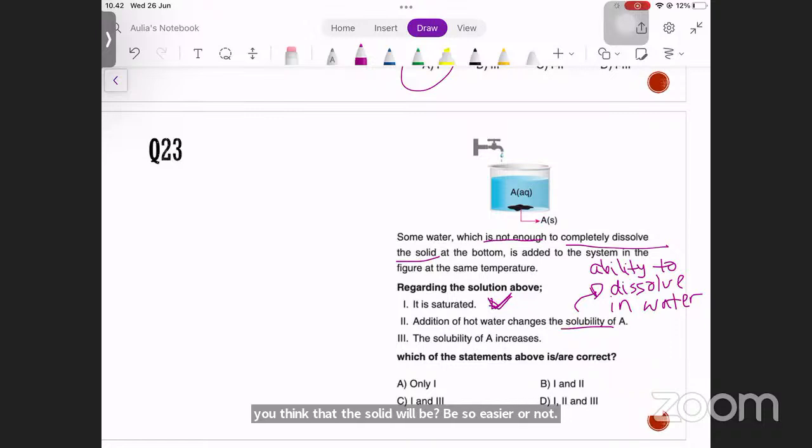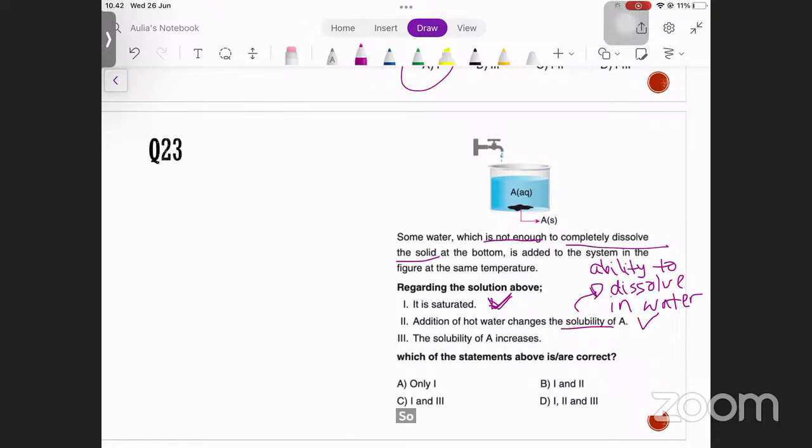So the solubility of A, the ability of A to dissolve in water, is changing, isn't it? So it is correct as well.